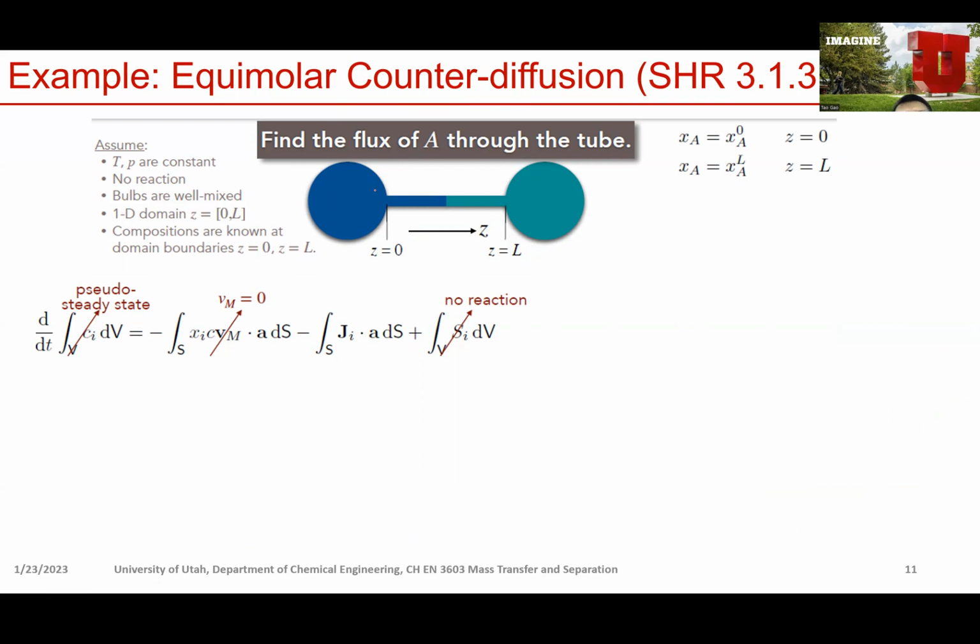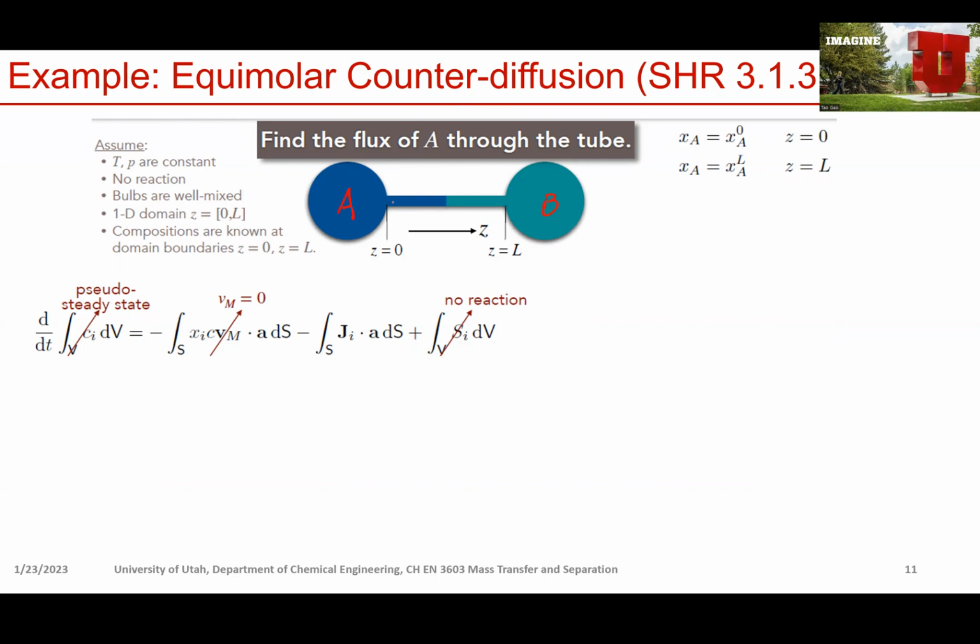So here we have two bulbs that contain species A. Let's say we have a binary system with species A and B. Let's say on this side we have B, but now let's not consider B, we only consider A. We know the initial concentration of A in both bulbs, and these two bulbs are connected by a very narrow tube.